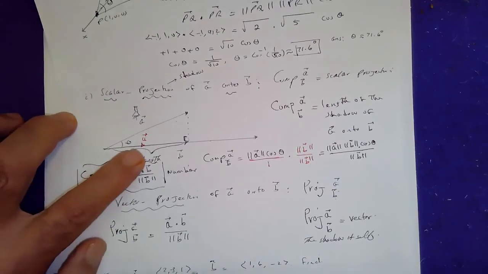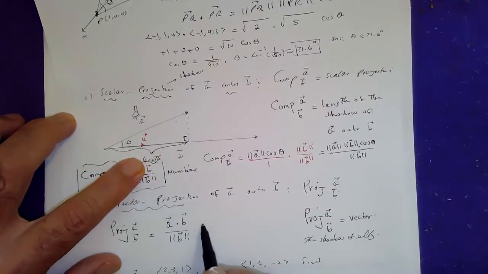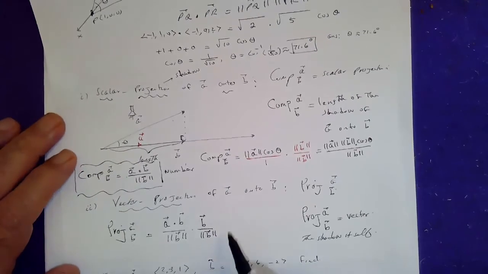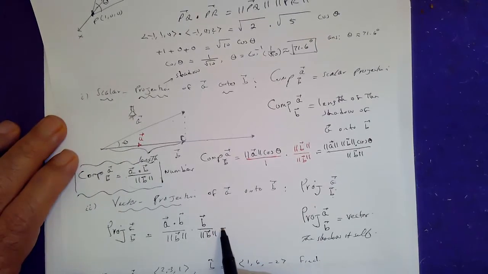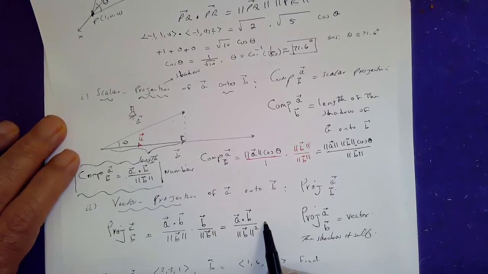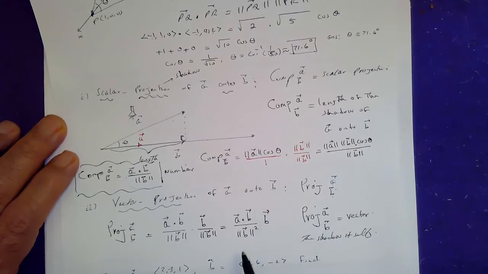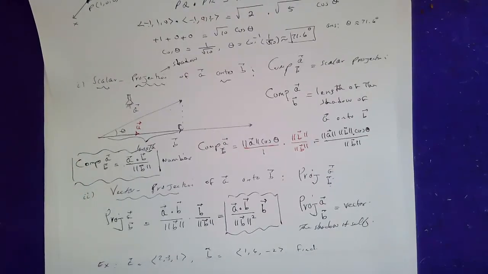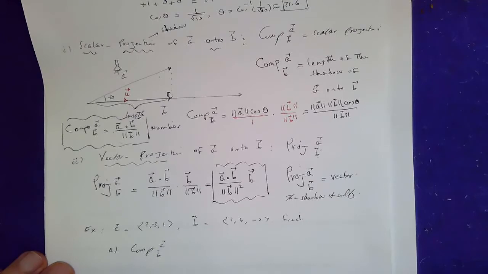How do you find a unit vector along any vector? You take the vector divided by its magnitude. So the answer is A dot B over the magnitude of B squared, times vector B. There you go. That would be the vector projection of A onto B.